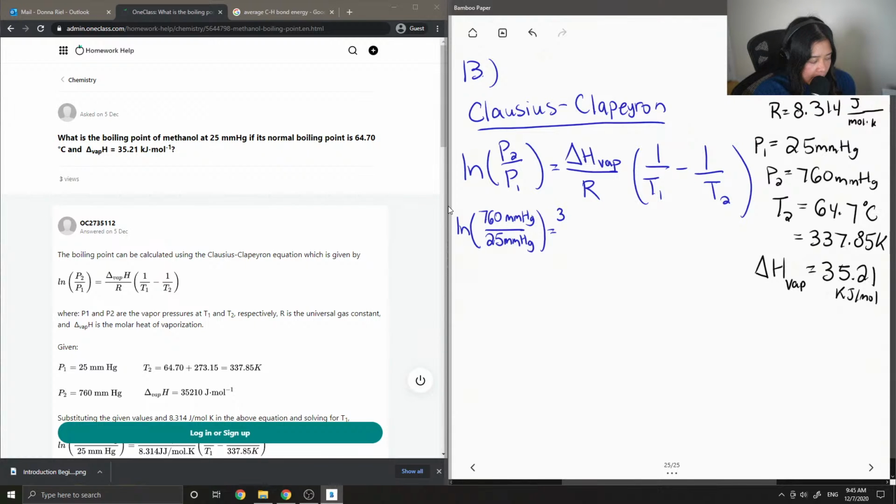So just multiplying this by 1,000, we have 35,210 joules per mole divided by R. One over T1 minus 1 over 337.85 Kelvin. Okay, so let's try to simplify this.